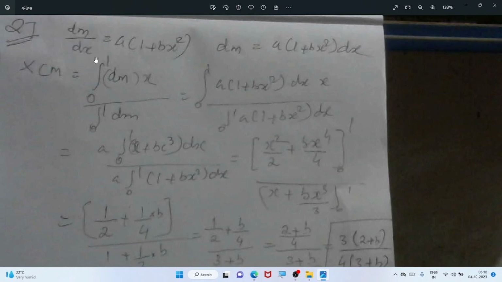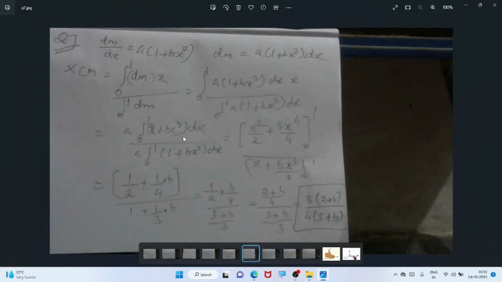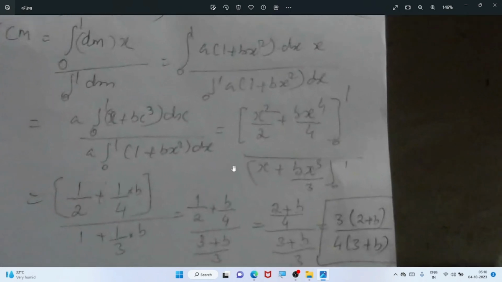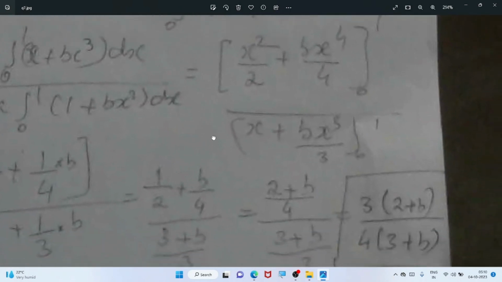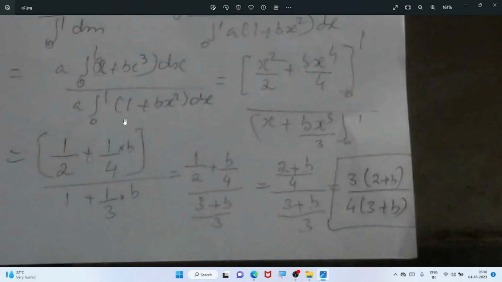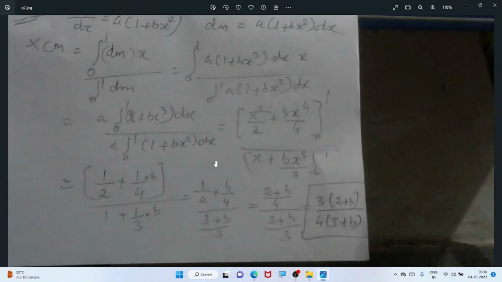We differentiate with respect to the distance, so dm and dx. After differentiation, we integrate over the distance, from 0 to 1, and you will get this finally. You can go through it.